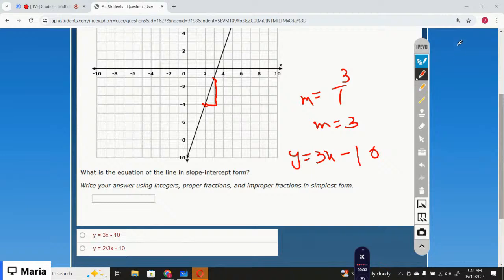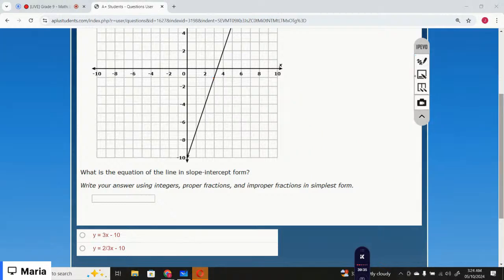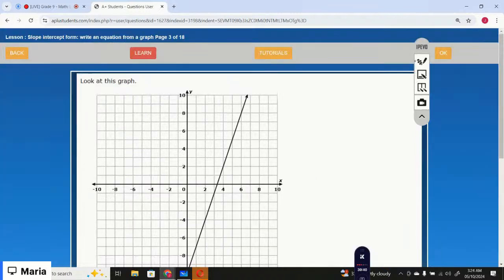So the correct option is option number 2, that is y equals 3x minus 10. Option number 2 is the correct option.